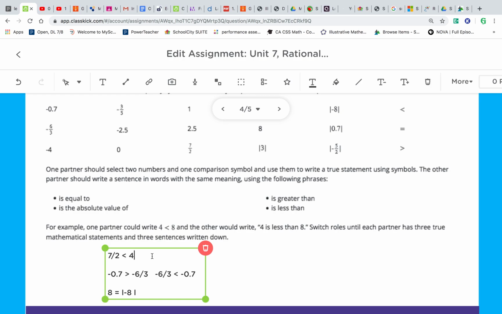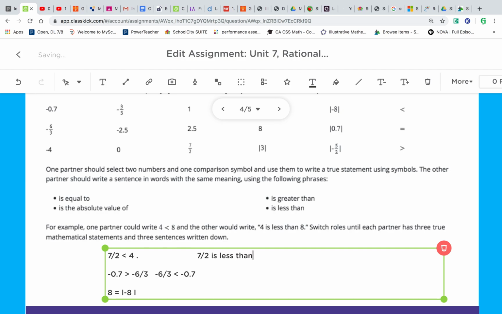Now, for the sentences, if we wanted to add sentences to these, I'm going to stretch this out so we can have room for that, using words instead of symbols. This one here, we would say 7 over 2 is less than 4. And for this one here, let's use just the first inequality that I have here.